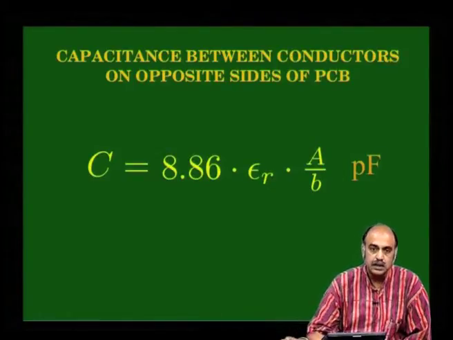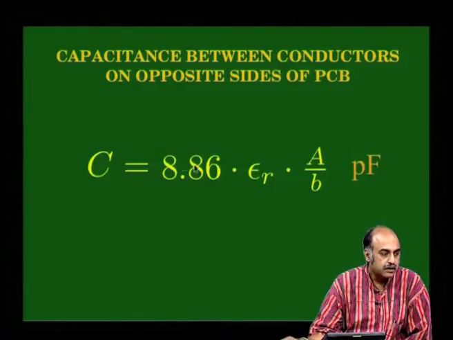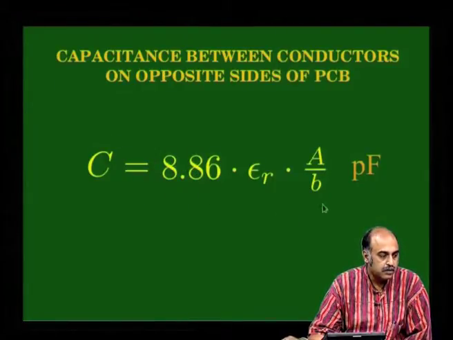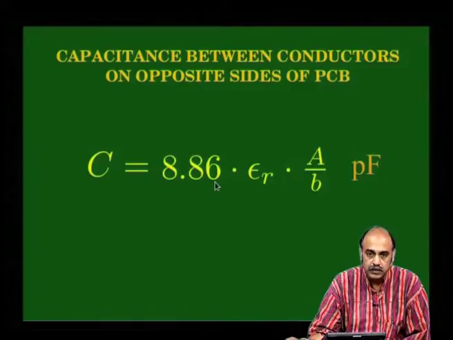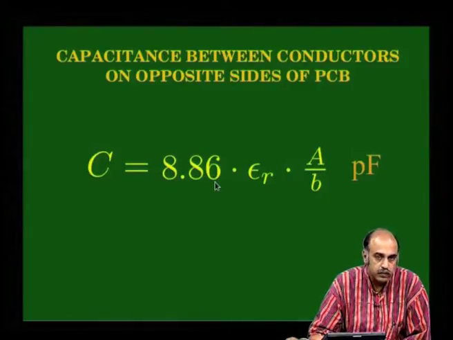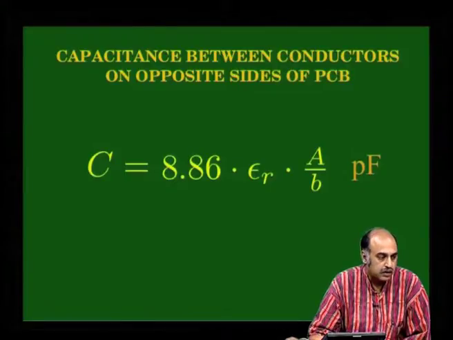You see here that there is a constant multiplication factor 8.86 into epsilon r. This is actually epsilon naught into epsilon r. Epsilon naught is the absolute dielectric constant, the absolute permittivity, which is around 8.854 into 10 power minus 12.